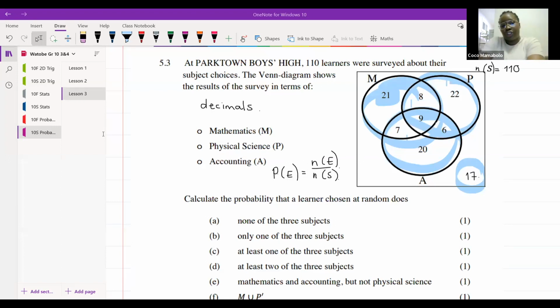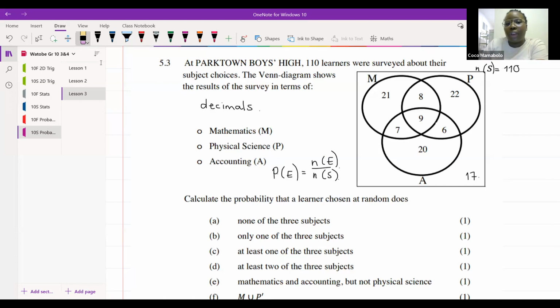All right, what's your question? My question was, for the events, when we're using probability, N(E) divided by N(S). So I wanted to ask, for the events, do we include the learners, the group that didn't select the subjects, or do we just say 3 over 110?